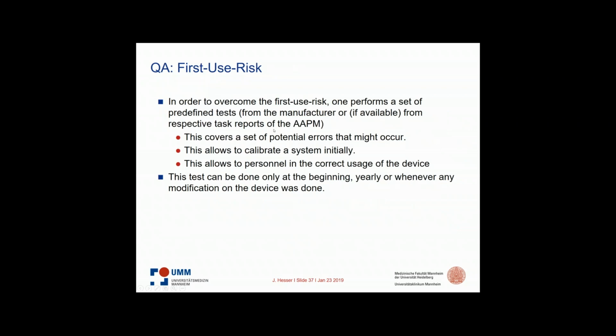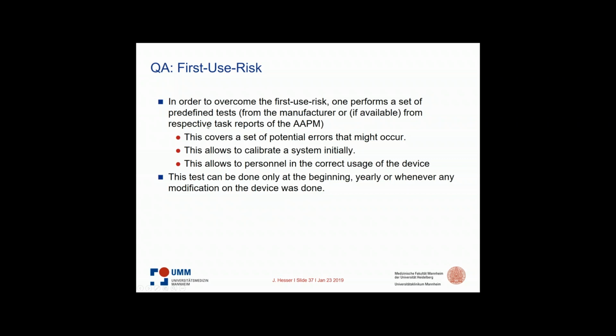So I call it first use risk. What you're doing in order to overcome that is a set of predefined tests, which are typically defined by the manufacturer because they have the know-how, they built the system, and they know what the critical parts are which have to be tested.